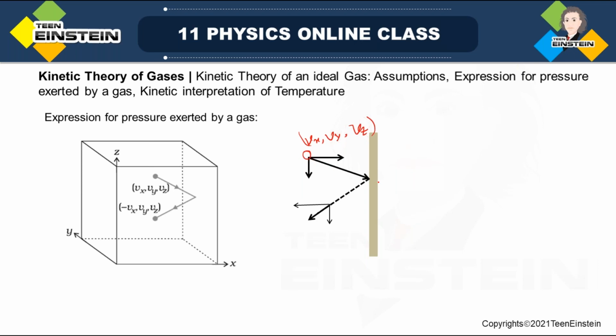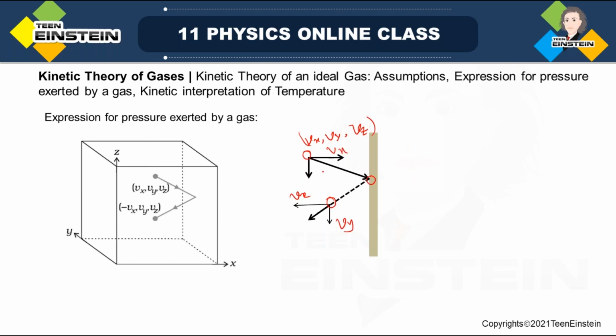It comes here, hits the wall and rebounds in this direction. So when it comes here, it has both components, like this is vy, suppose this is vx.